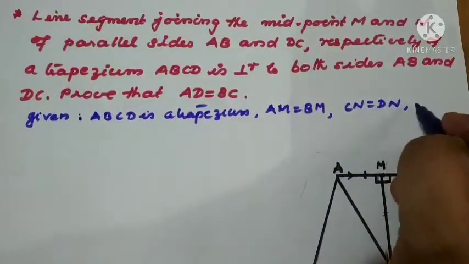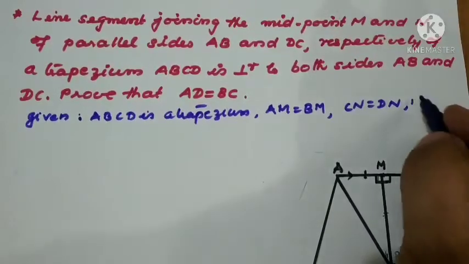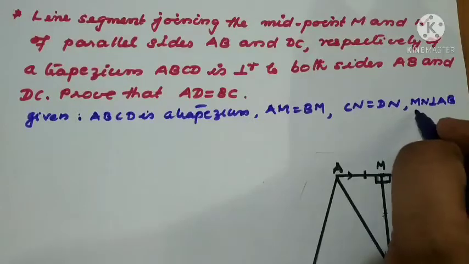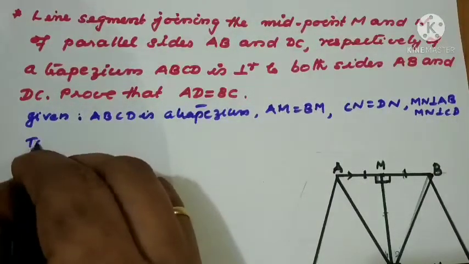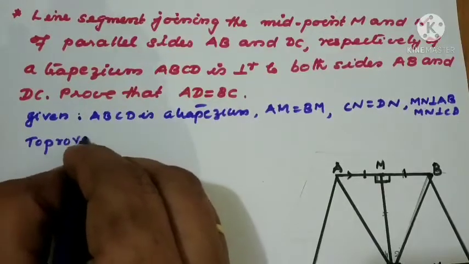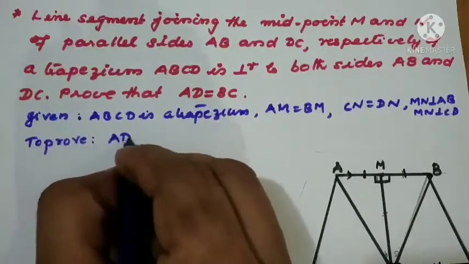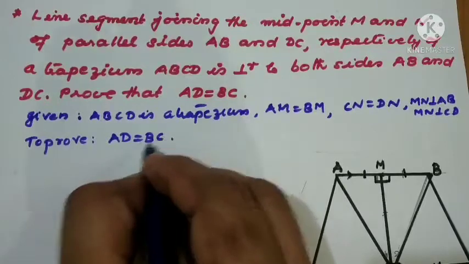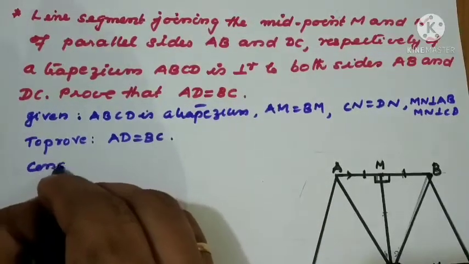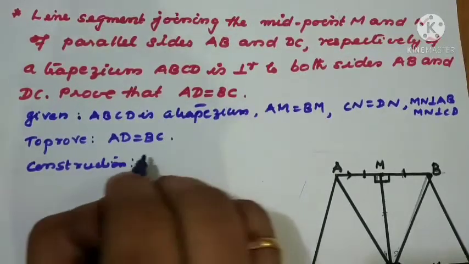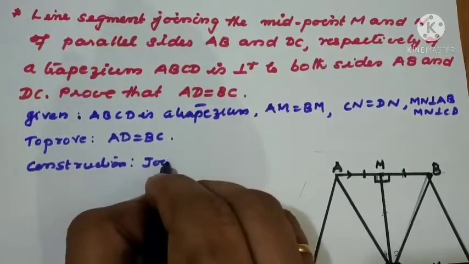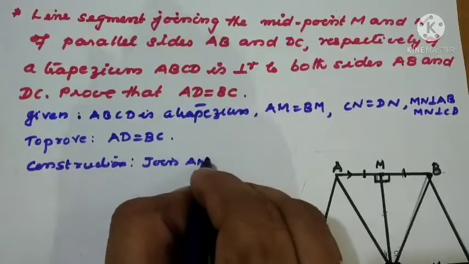And angle M, so we can write MN perpendicular to AB, MN perpendicular to CD. To prove: AD equals BC. Construction: join AN and BN.